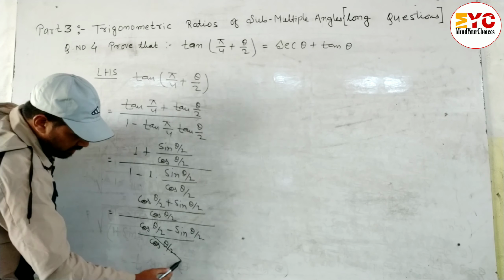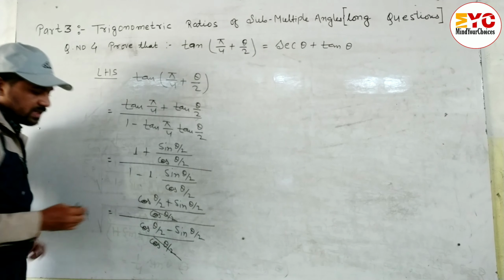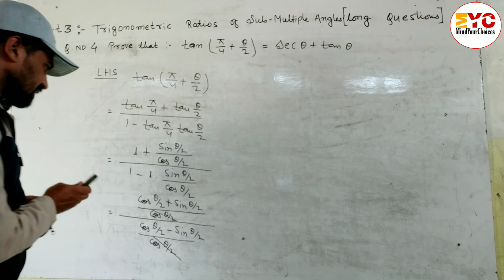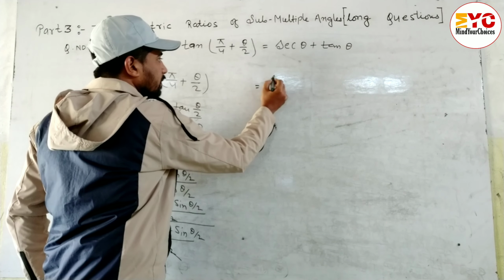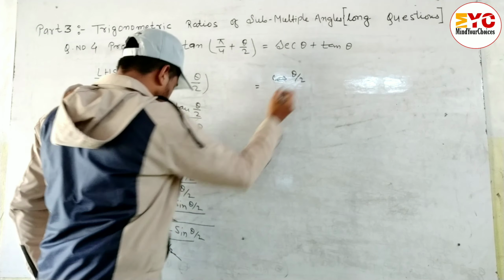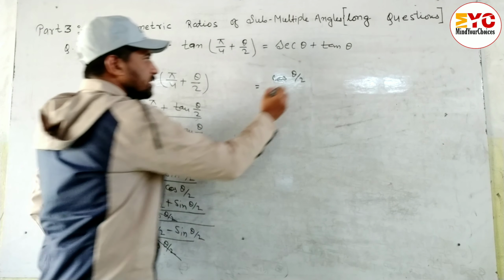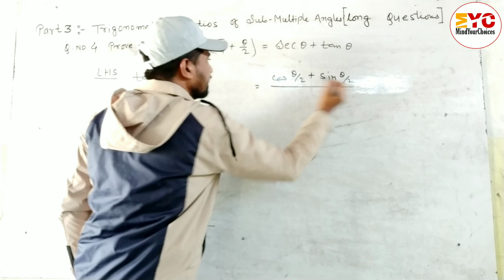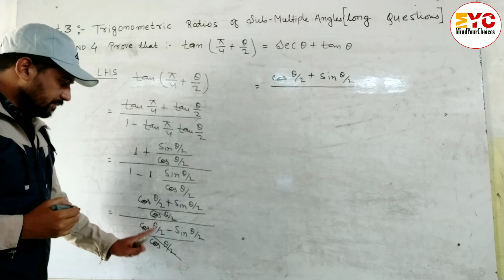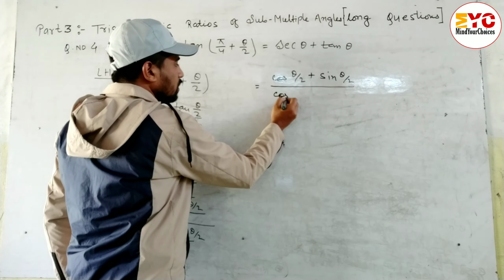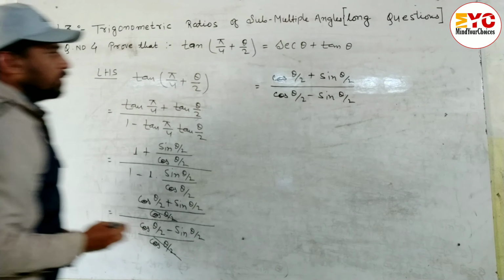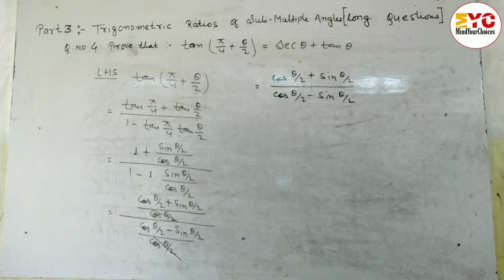You can see the denominators cos theta/2 cancel, and the remaining is cos theta/2 plus sin theta/2 by cos theta/2 minus sin theta/2. Hope you understand up to here.